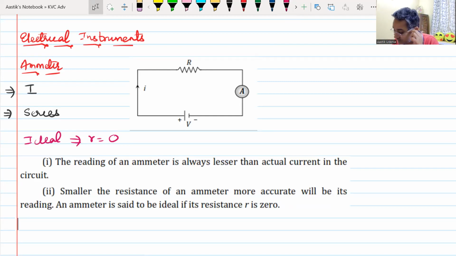Unless it is mentioned, we will always take the ammeter as resistance 0. If you have to take its resistance, the resistance would be given. If the resistance is not given, we will take it as an ideal ammeter. I'll give you 2 minutes to note this down.